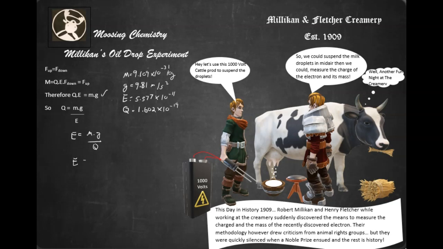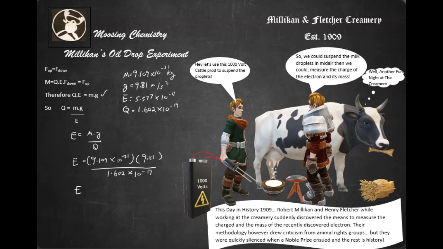So E equals our mass of our electron, which we know is 9.109 times 10 to the negative 31 kilograms, times the force of gravity, which is 9.81 meters per second squared, divided by our Coulomb charge of an electron, which is 1.602 times 10 to the negative 19.